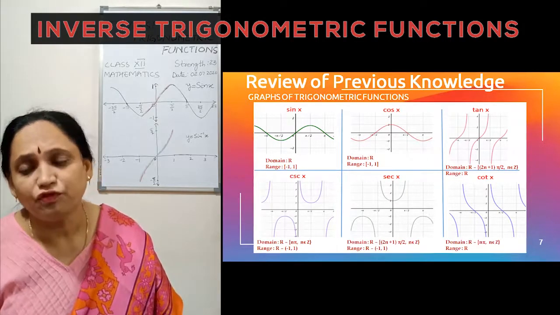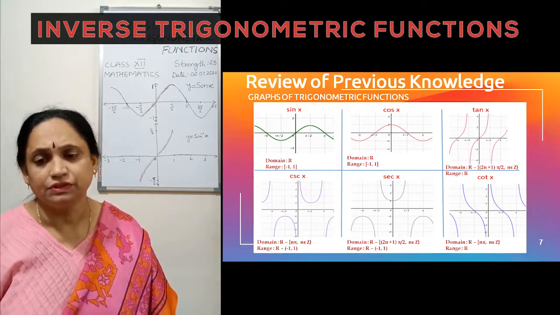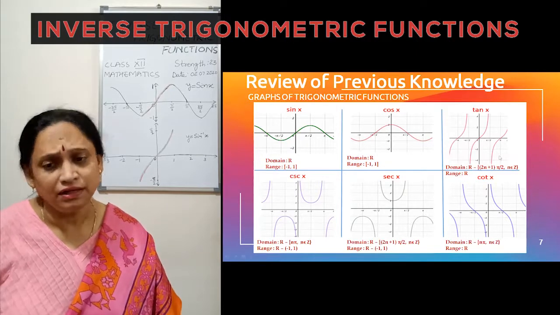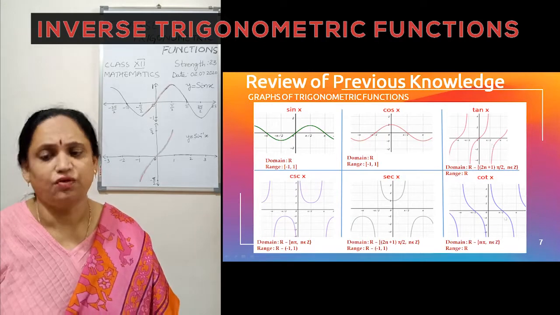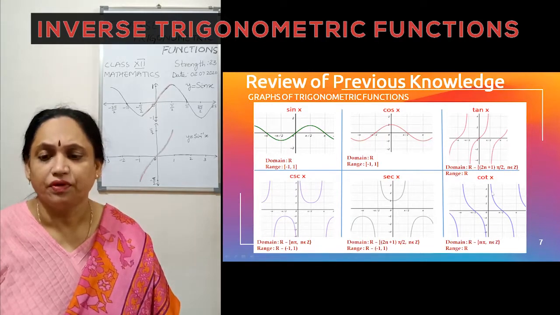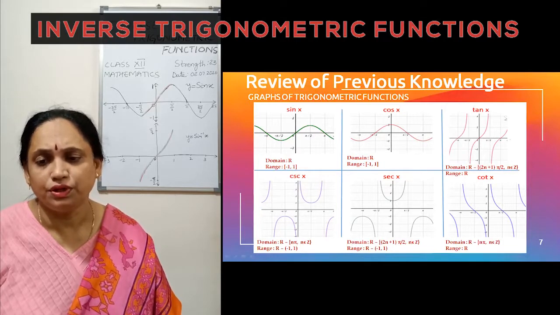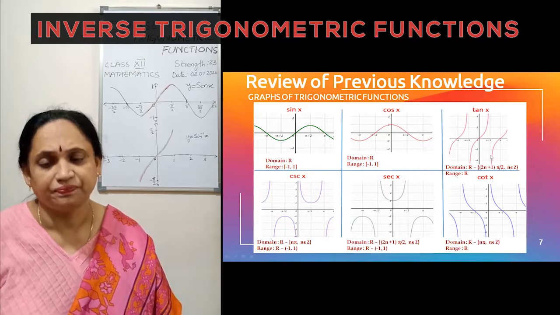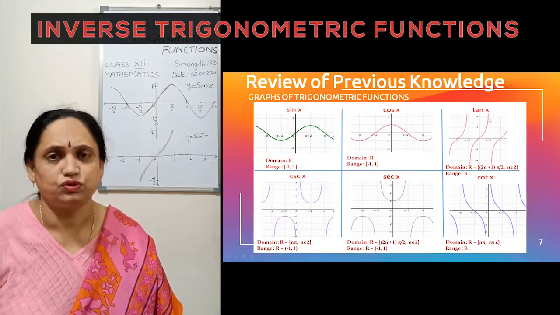If you look at the graph of tan and cot, they look similar. And you can see that there are some undefined values in case of the tan function and the cot function. You can see odd multiples of pi by 2 in the tan graph do not have images, whereas the whole of the y-axis is being used.